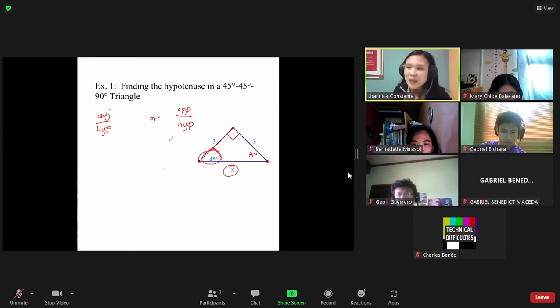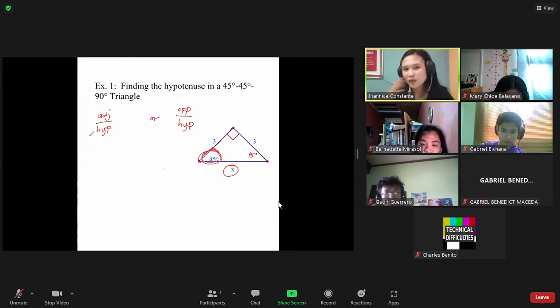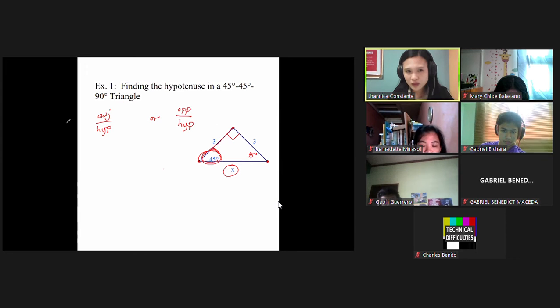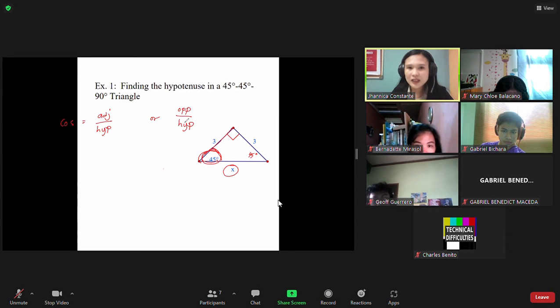Depending on the part of the triangle that you're going to use to find the missing side or the missing angle. So since you have 2 possible ratios that you can use in finding the hypotenuse, you can use adjacent over hypotenuse, which stands for your cosine, and opposite over hypotenuse, which stands for your sine. So you can use these 2 ratios to find the value of x in the triangle.